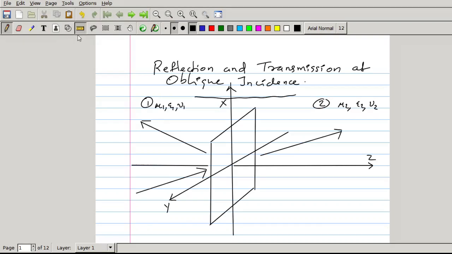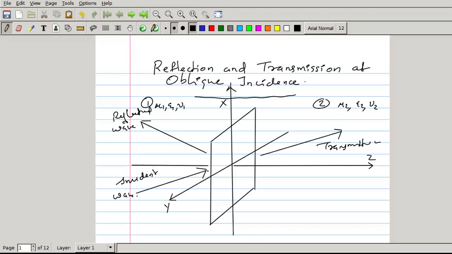So this represents the incident wave, this one represents the reflected wave, and this represents the transmitted wave.